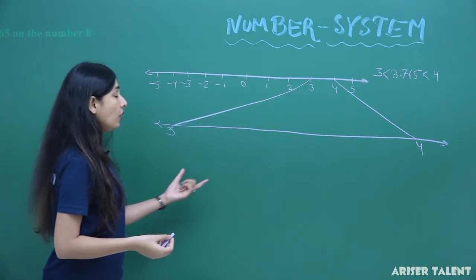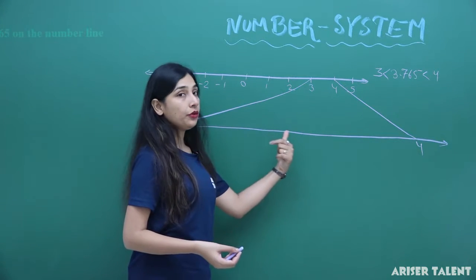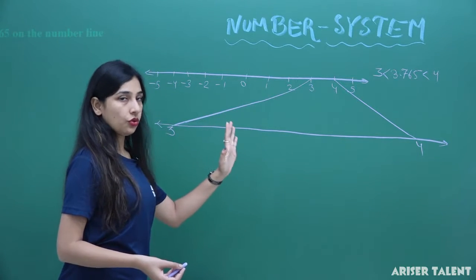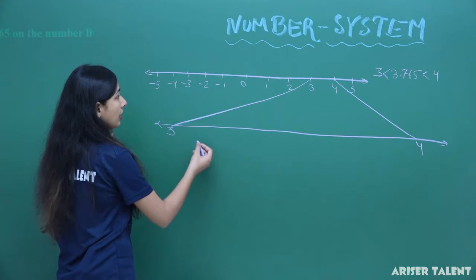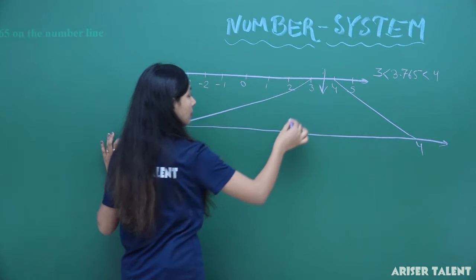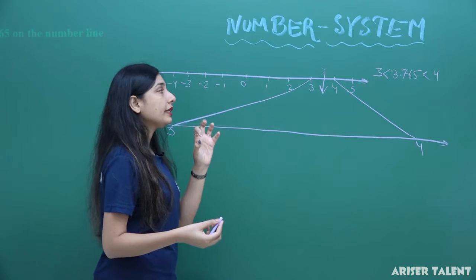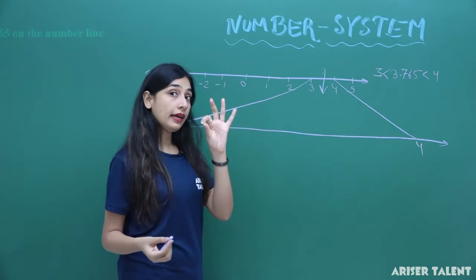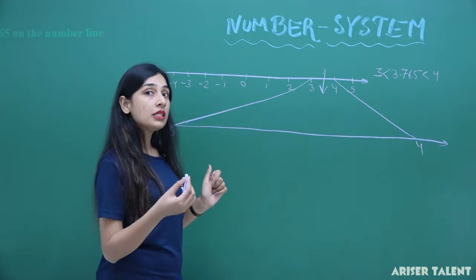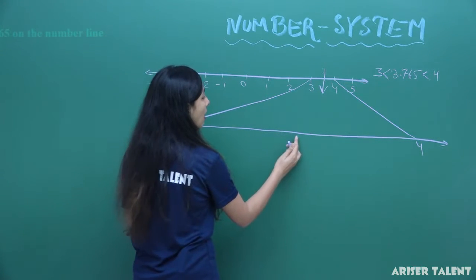Now the divisions will be like 3.1, 3.2, 3.3, 3.4 until 3.9, then 4 will come. Okay, you know all this. Now the number will lie somewhere here. So we magnified it and we are here to find out the exact location of this number 3.765.